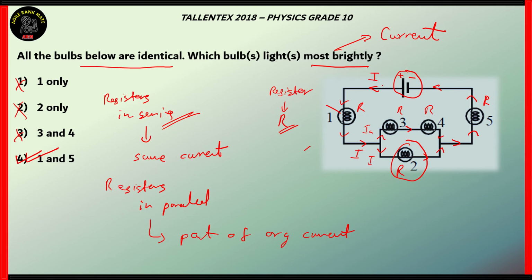So the same current I that flows through 1 would also flow through 5 before coming back to the potential difference. Now 1 only would have been incorrect because 5 also has the same conditions. So therefore, option 4, 1 and 5 turns out to be the right answer. So all the bulbs below are identical. Which bulbs light most brightly? The answer is option 4, bulbs 1 and 5.